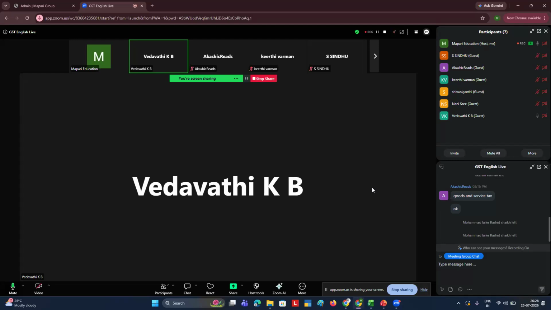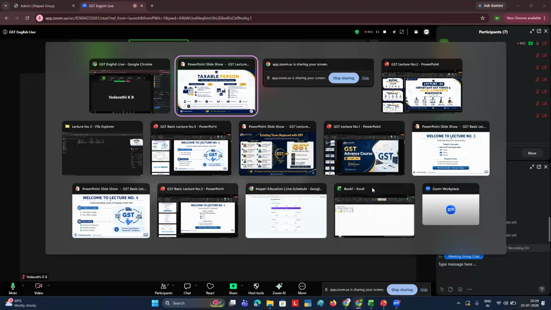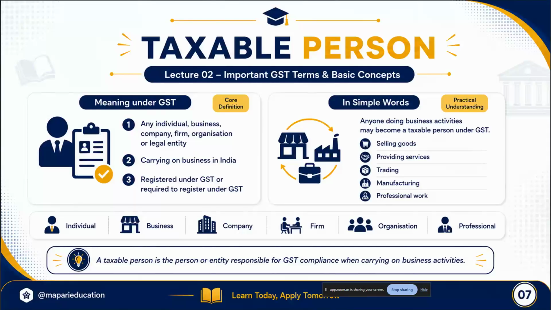It is about who is eligible or who is liable to make a payment to the government. It doesn't matter whether he has paid tax or not. So a taxable person means a person who is already paying taxes to the government or who is liable to pay the tax, whether or not they have paid. So a taxable person means an eligible person for paying taxes.